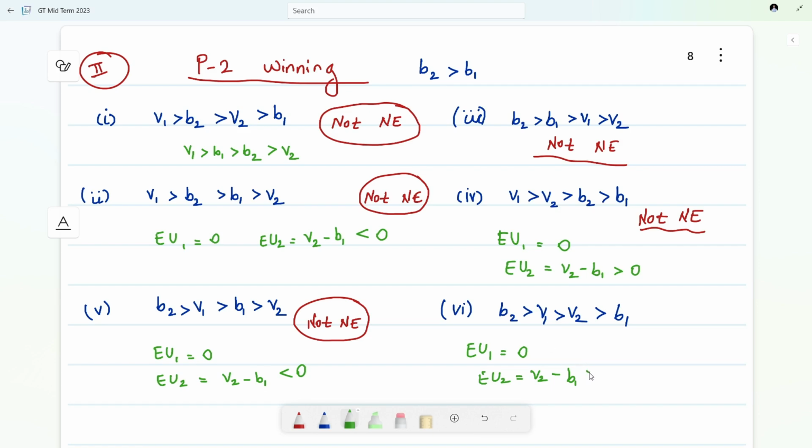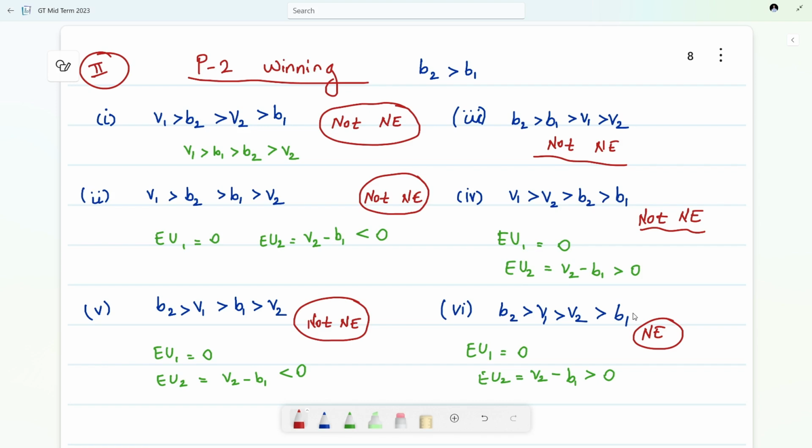Now here it is positive and there is no means by which player 1 can increase its payoff. If he bids higher than V1 by any amount, then he will get negative payoff. That makes no sense. Hence, yes, it is a Nash equilibrium.